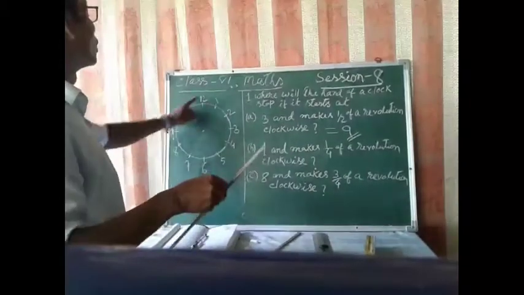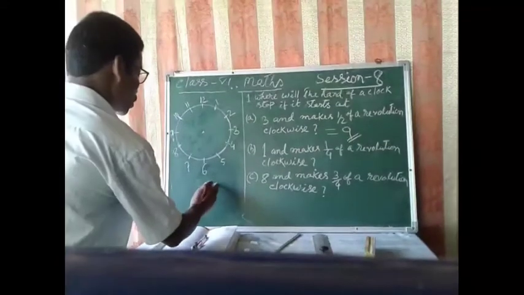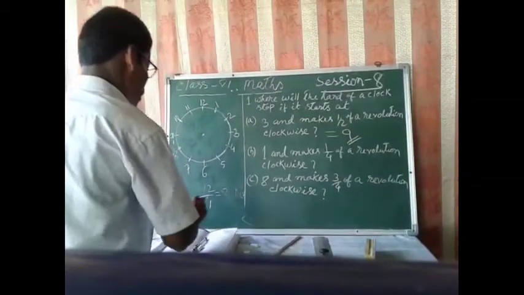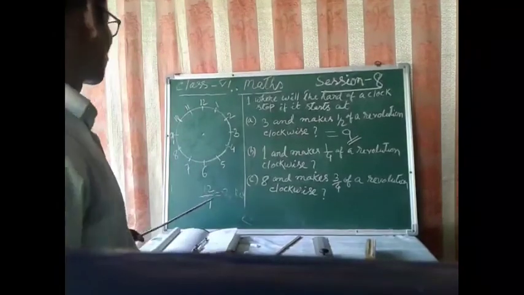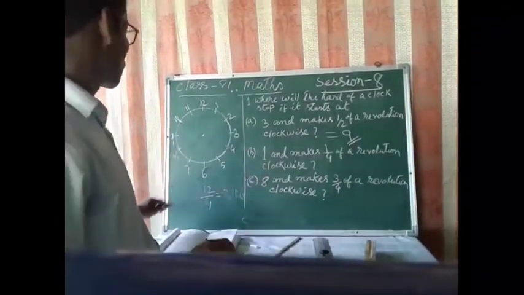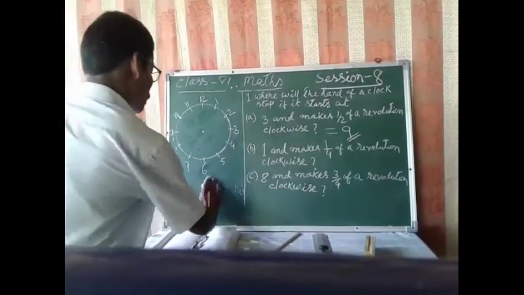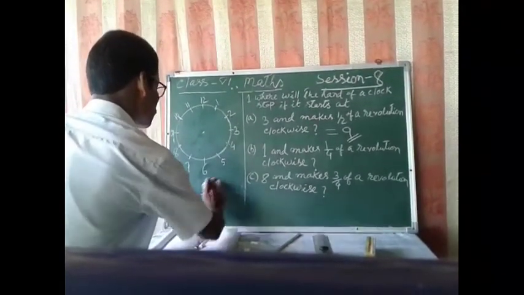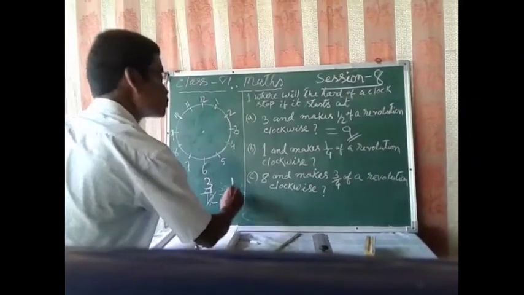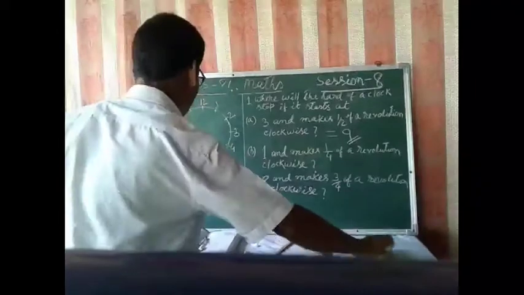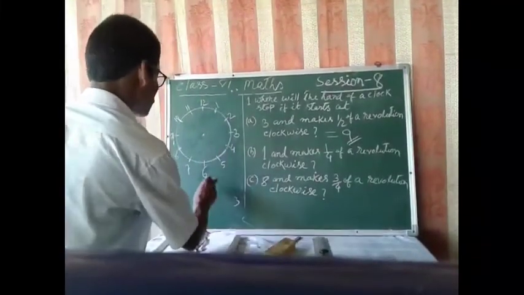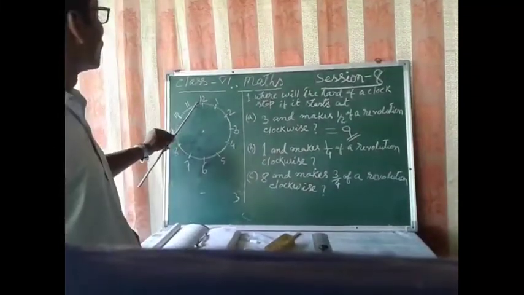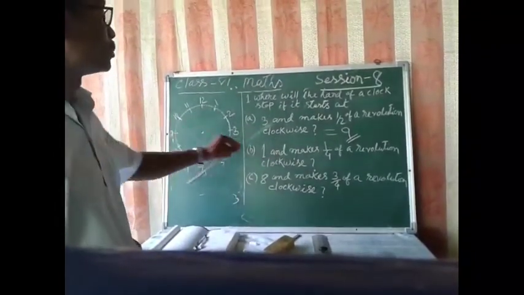The entire dial is 12 hours. 12 hours divided into 4 equal parts gives 3 divisions. 1/4 means the entire 12 hours divided into 4 equal parts.